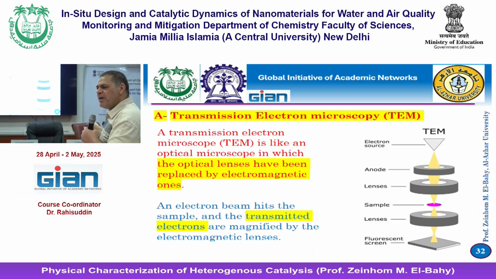After that, some electrons will pass through the sample and lenses, and I try to see what the sample left, or what beams were transmitted from the sample. An electron beam hits the sample, and the transmitted electrons are magnified again, because I can't see at this stage. It will be magnified again and again until I can detect it and see it.